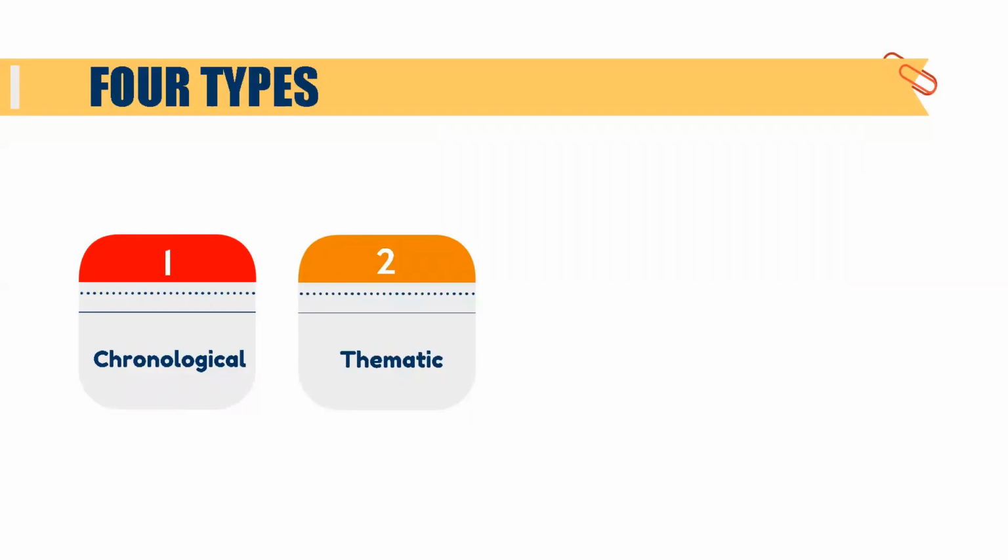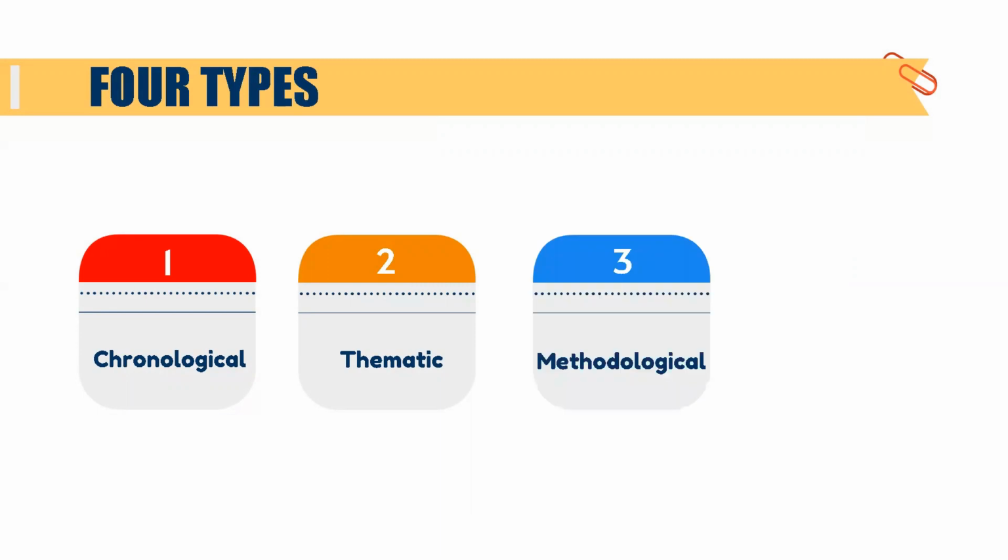Then the methodological contribution, where we talk about the state of knowledge in a particular topic. And the theoretical contribution, that is the contribution of the researcher in terms of the theory related to the particular topic, and how the theory has developed over the years. So these are the 4 types.